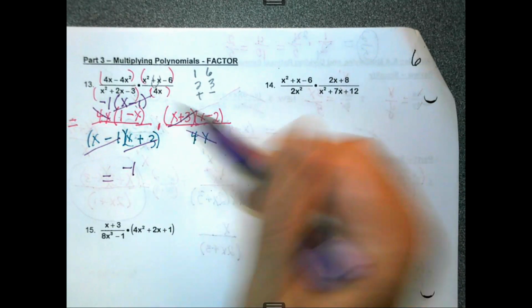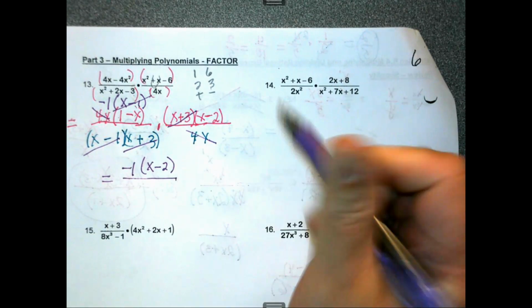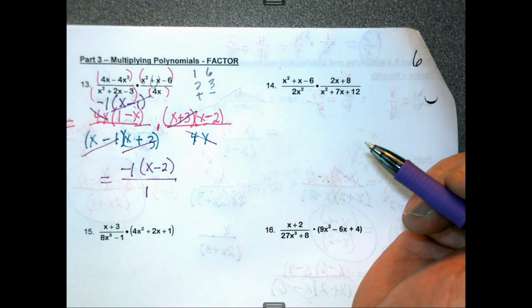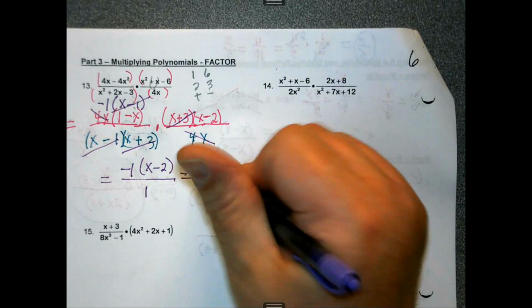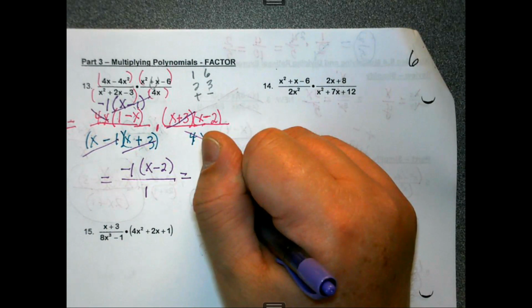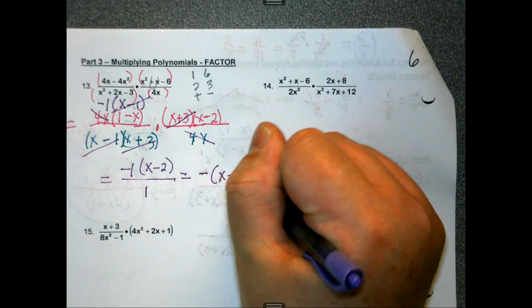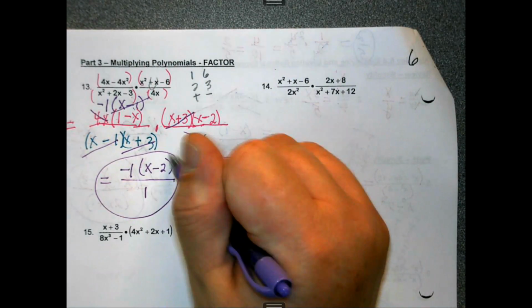Times x minus 2 over, well, everything canceled out here. So I can even simplify this further. Cancel the 1's out, or just put it over as a whole number. Negative x minus 2. Either one of these would be fine.